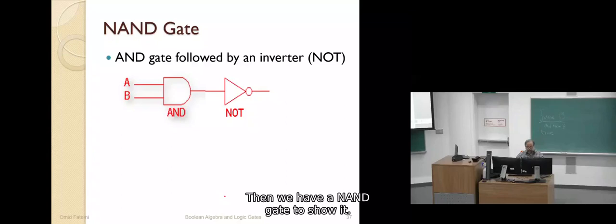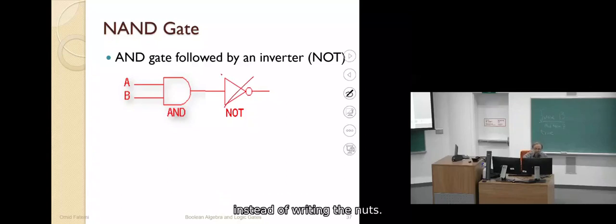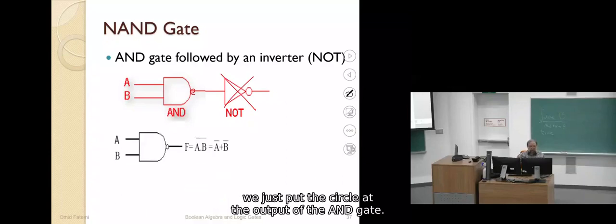To show it, instead of writing the NOT every time, we just put a circle at the output of the AND gate. So this is the NAND gate. It is an AND with a circle at the end.